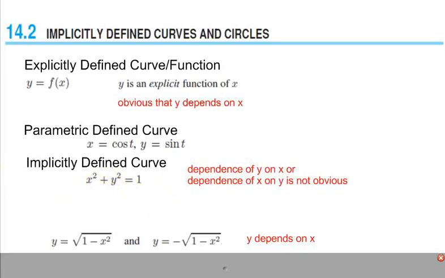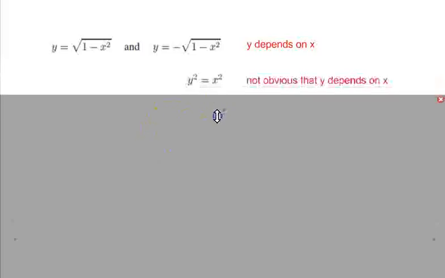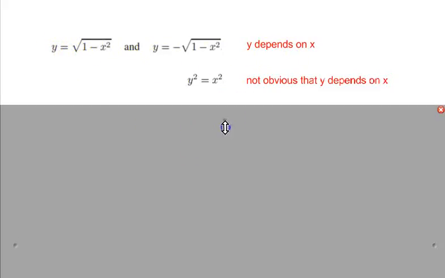We have to do some manipulations to get that to be the case. So that's just the new vocabulary word, implicitly defined functions. Here's an example of an implicitly defined function because it's not obvious that y depends on x. So this is implicit, whereas the ones above are obvious because they say y equals some function of x.